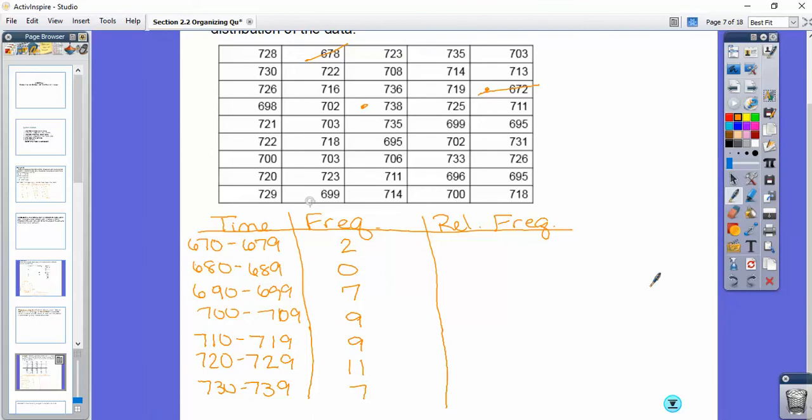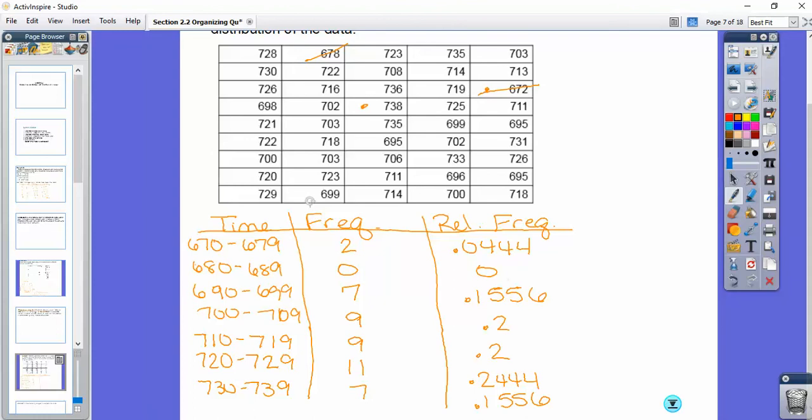So divide each of these by 45. 2 over 45. 0 over 45 is 0. 7 out of 45, round appropriately. 9 is 0.2. So that's the frequency and relative frequency table like we did yesterday.